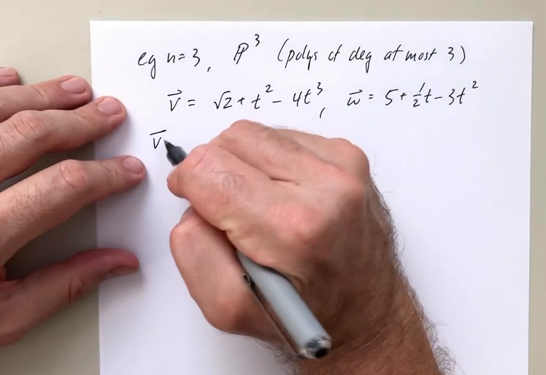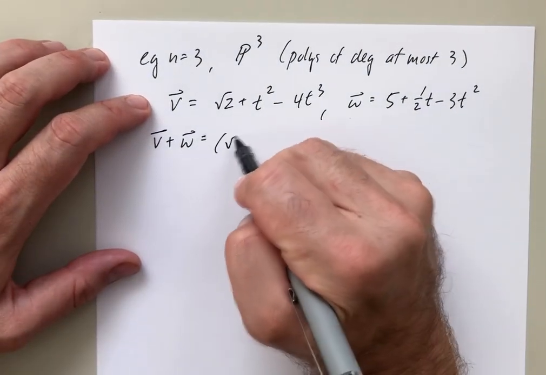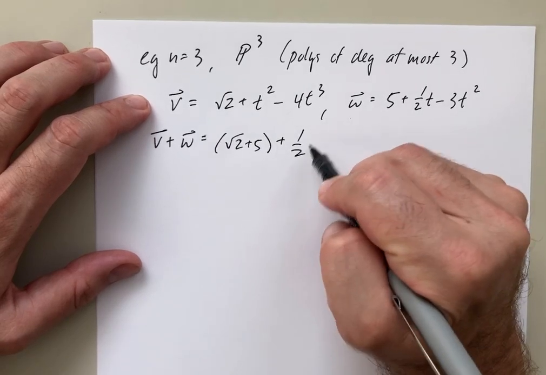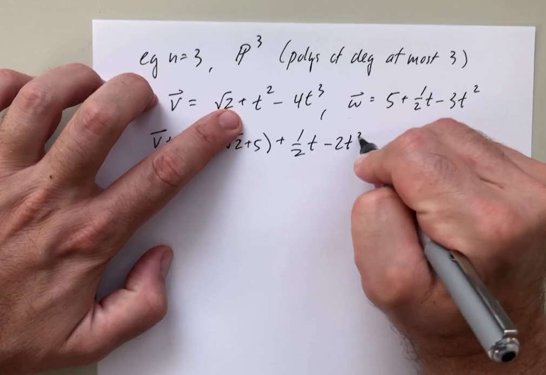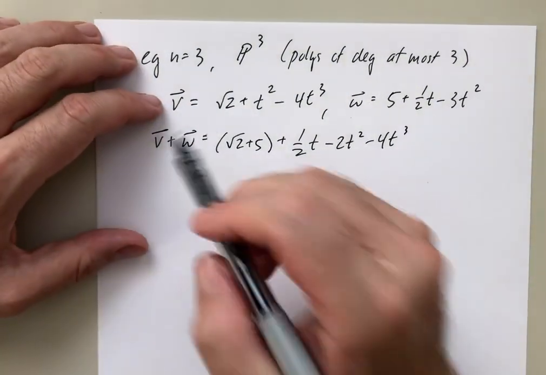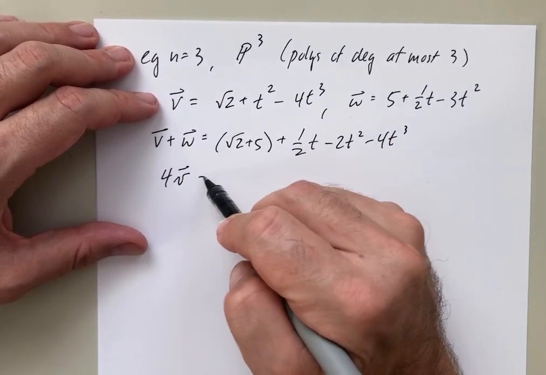And notice you can add, right? v plus w is going to be, I just add the two things. So my constant term is root 2 plus 5. My t term is 1/2. My t squared term looks like minus t squared, right? And then I've got a t cubed term. I'm just adding those two as you would. And then I can also scale. So I could take 4 times v.